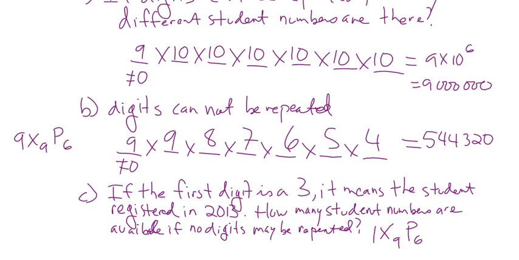We can't repeat, right? Not repeating means we can use permutations. We have 9 digits remaining because the 3 is gone. So we've got 0, 1, 2, 4, 5, 6, 7, 8, 9. And we need 6, so it's just 9p6, which is 60480. Okay, that should do it, I think.